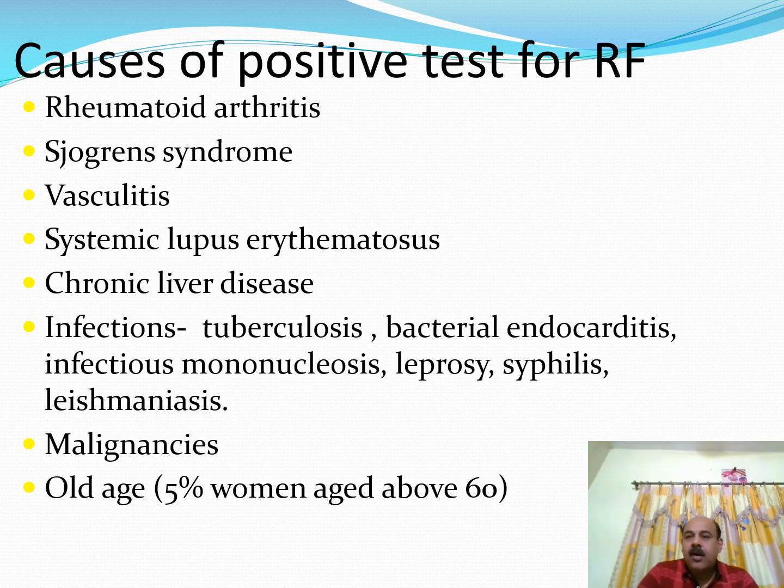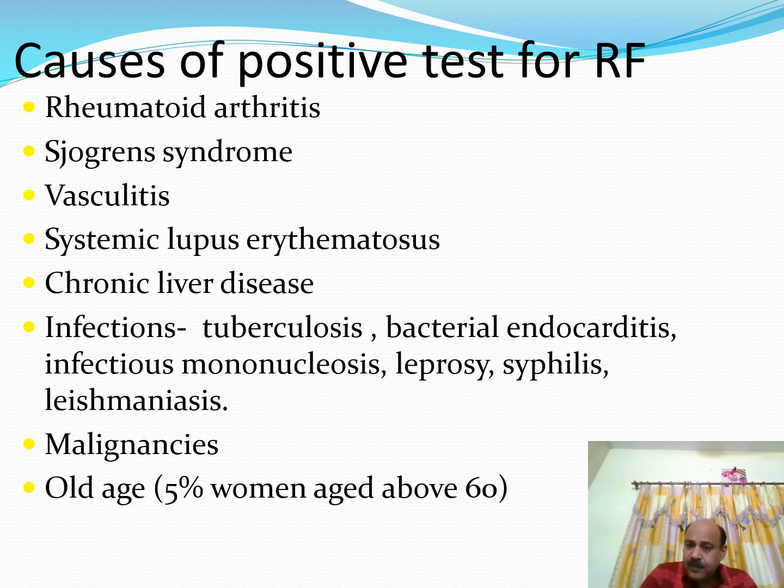But regarding rheumatoid factor, we have to understand that if rheumatoid factor is positive, that does not confirm the diagnosis of RA. Rheumatoid factor may be present in so many other conditions also, like Sjogren syndrome, vasculitis, SLE, many infectious conditions like tuberculosis, bacterial endocarditis, and sometimes in the elderly population above the age of 60 years.